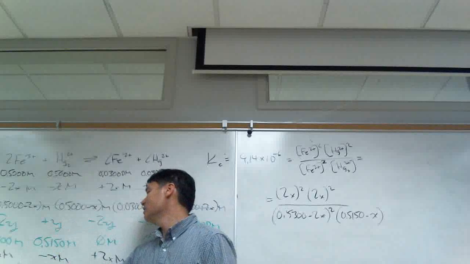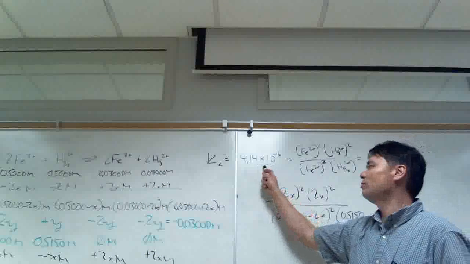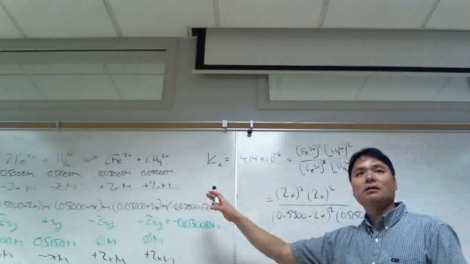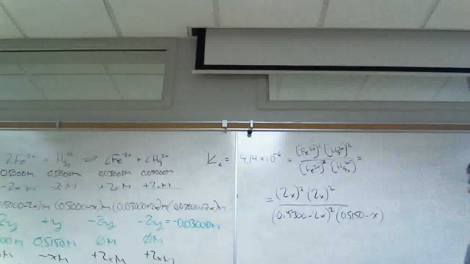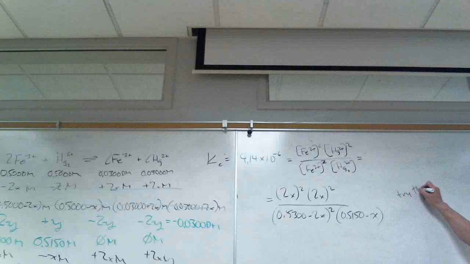Then we expect very little water to flow forward. Here we expect very little water to flow forward because the atoms are biased towards the reactants. And so I could use the simplifying assumption here, right? I might as well try it. And so try the SA.